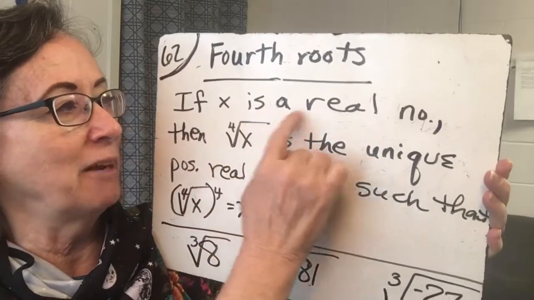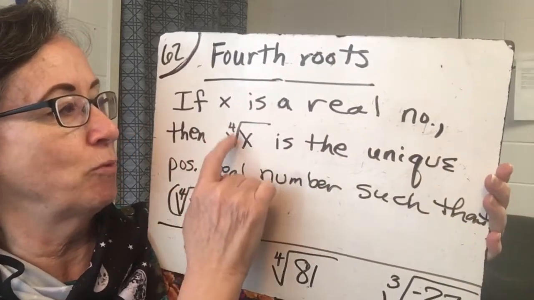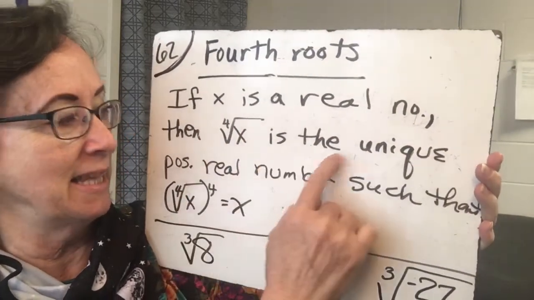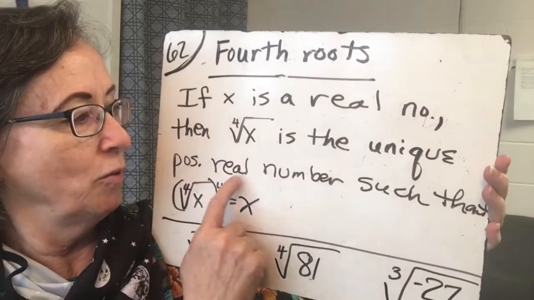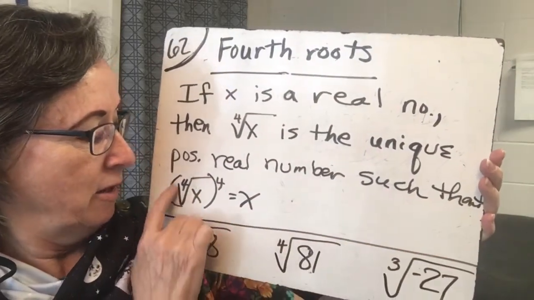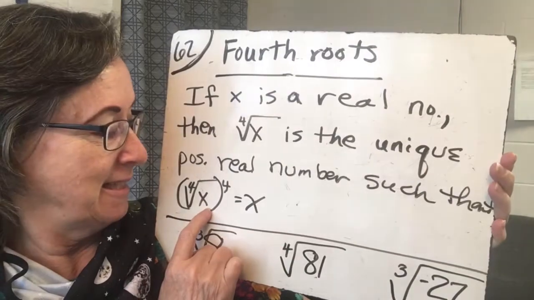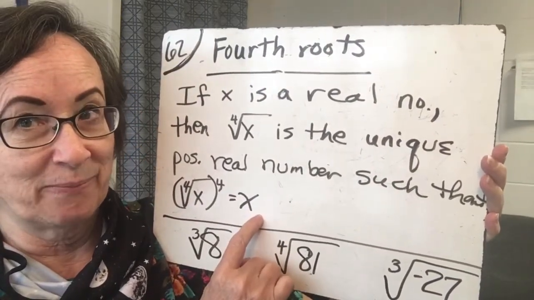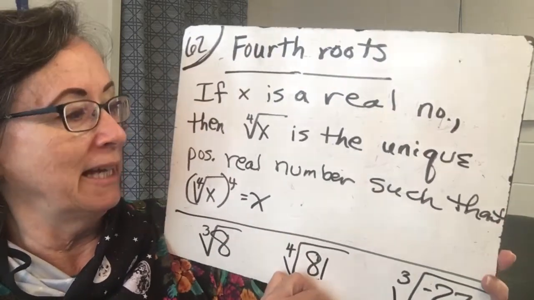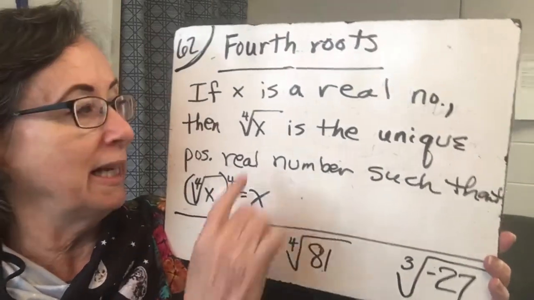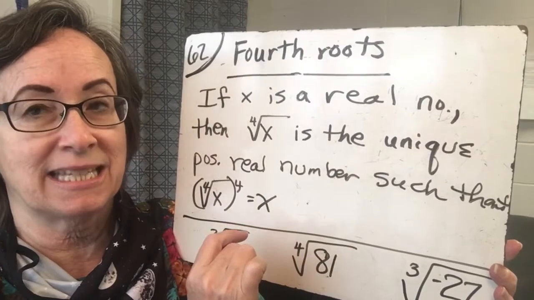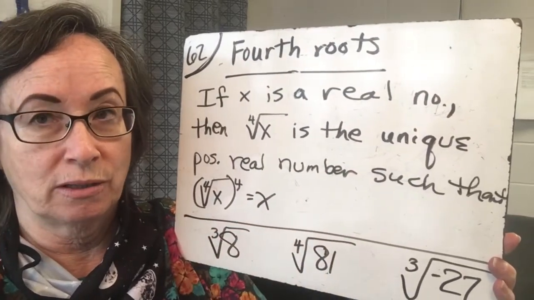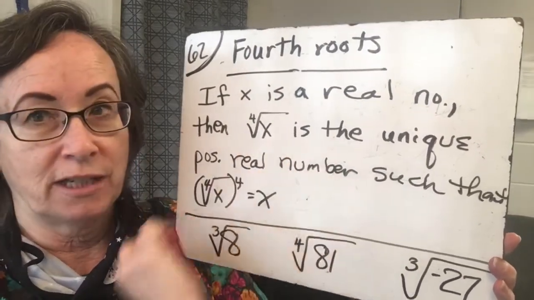If x is a real number, then the fourth root of x is the unique positive real number such that the fourth root of x to the fourth power is x. So here again, we're going to have only positive radicands in this book for even roots.